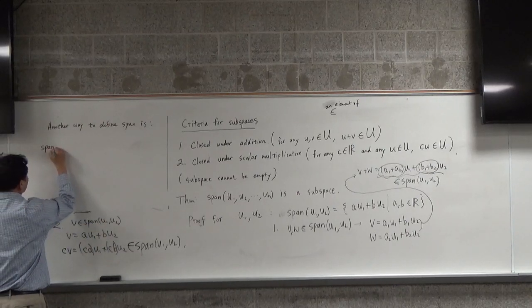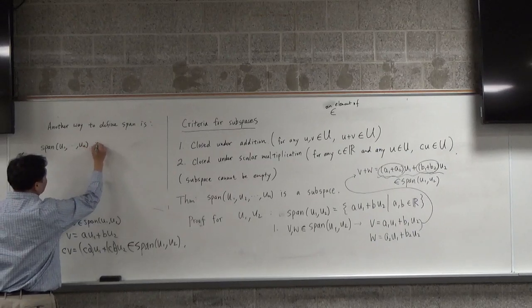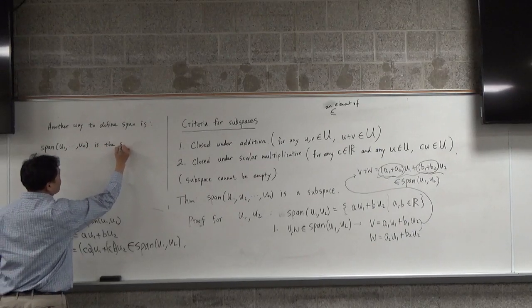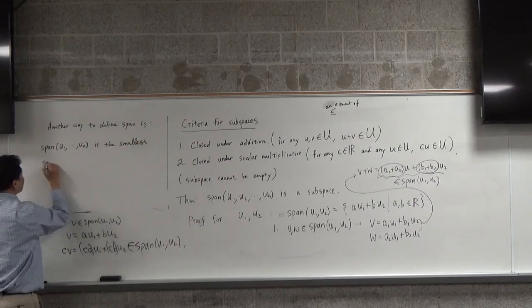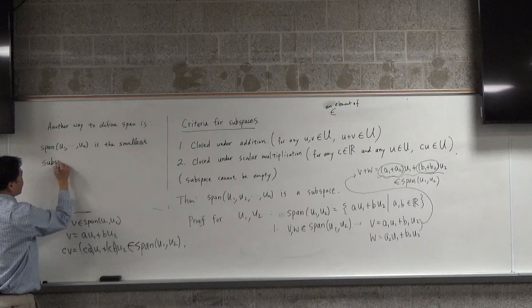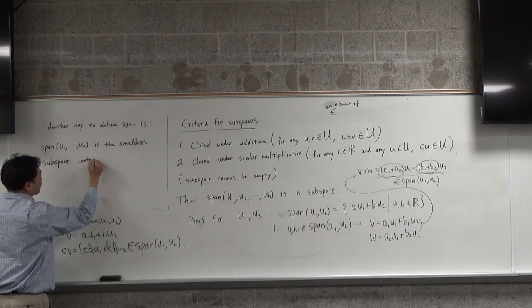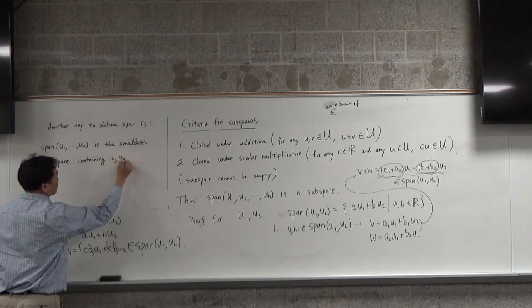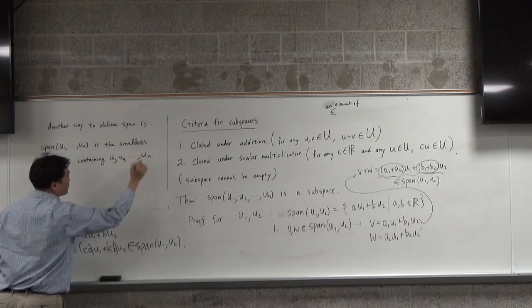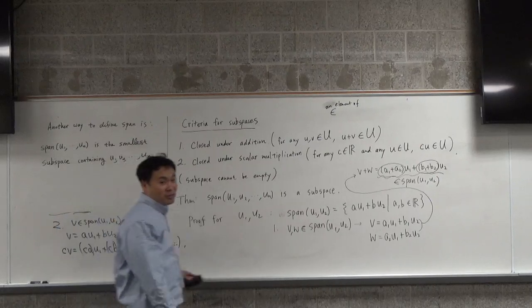Span U1 through UN is the smallest subspace containing U1, U2 until UN. Okay? That's what it is.